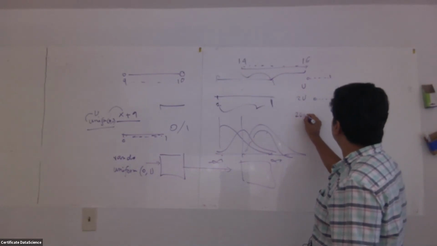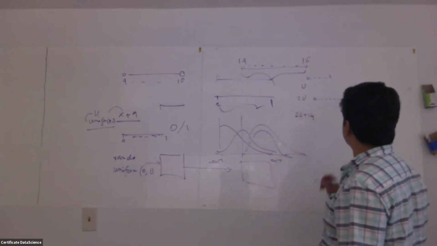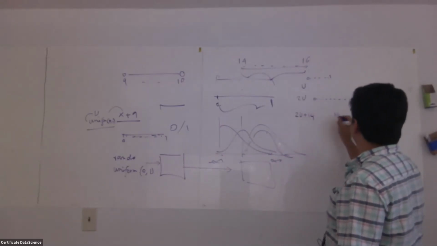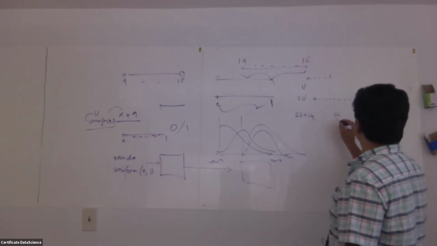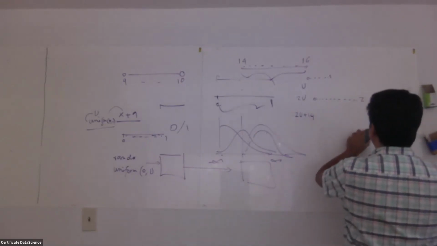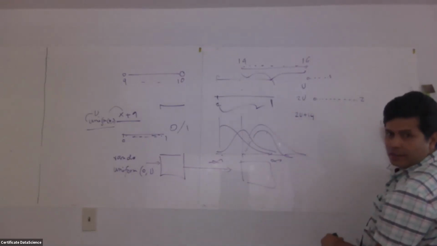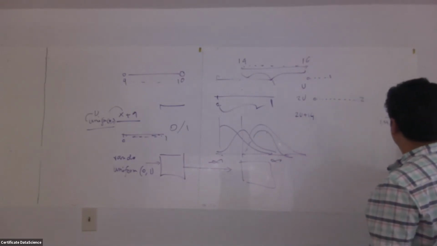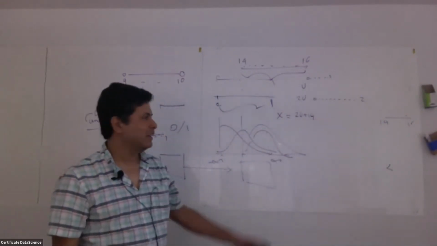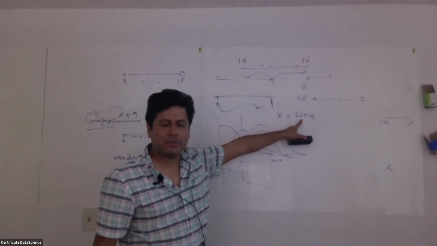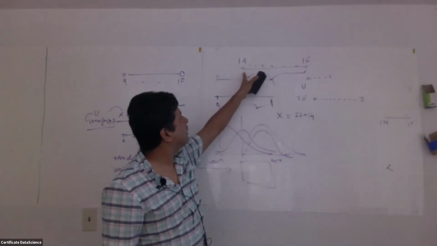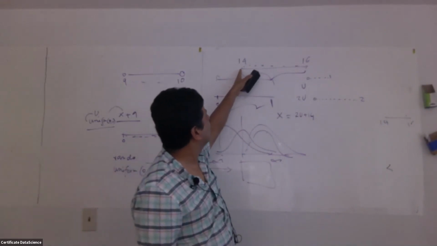So if I add 14, all the zeros will shift to 14, and the 2s will naturally go to 16. Same thing, it just gets shifted. So you can say this X is equal to this. Essentially, you generate a random uniform, multiply it by 2 and add 14, and you get a new random distribution, uniform between 14 and 16.